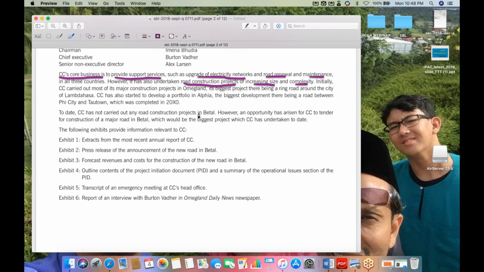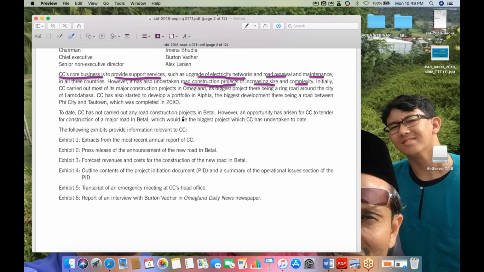Remember that earlier on they did mention the geographical factors in both countries. They have similarity in terms of flatland, right? So why this is crucial is that the next sentence says, to date, CC has not carried out any road construction projects in Beetle.